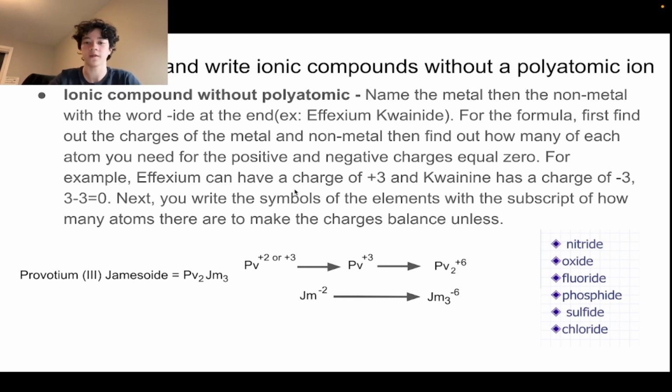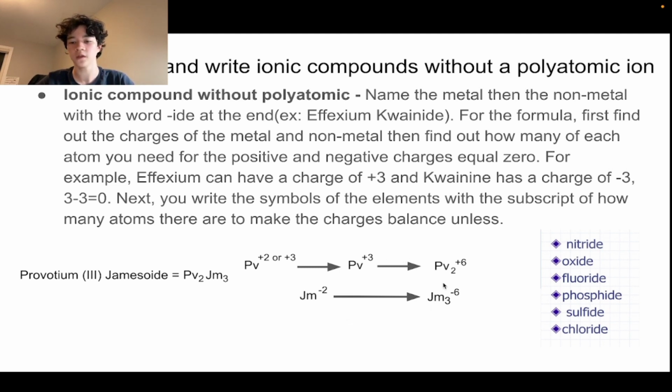Now you want to write the symbols of each element with a subscript of how many atoms there are to make the charges balance, unless there is not more than one. If there's not more than one, you don't have to put the subscript.